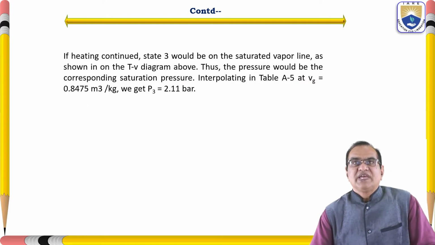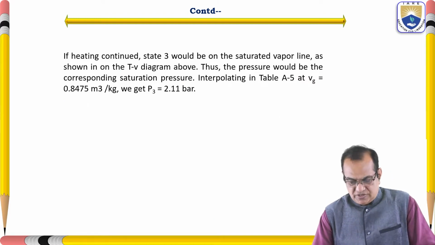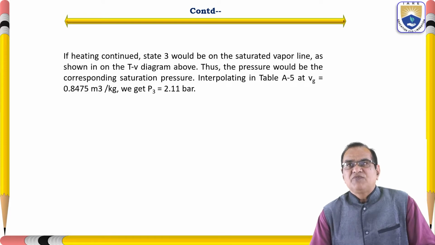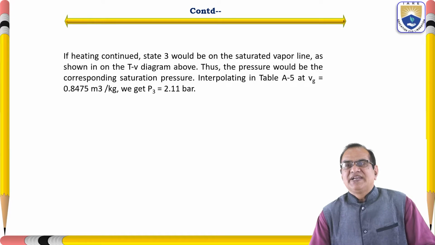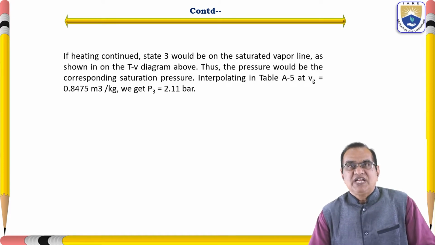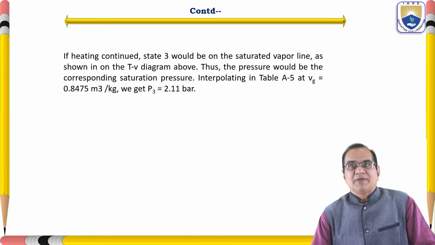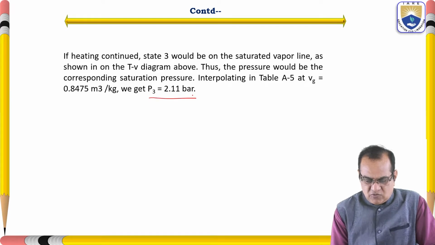If heating continues, then state 3 would be on the saturated vapor line, as shown in the TV diagram above. Thus, the pressure would be the corresponding saturation pressure, interpolated in table A5 at Vg equal to 0.8475 meter cube per kg, and we get the pressure of 2.11 bar.